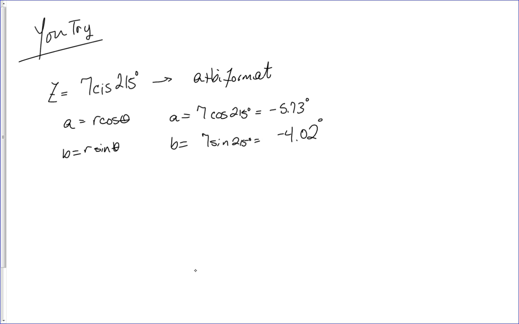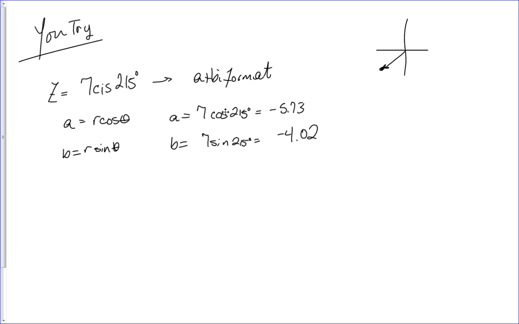Now, what we need to do is check to make sure we're hitting the right place. 215 degrees is going to be in this quadrant right here, and our point is going to be out here somewhere. Well, negative and negative, we're going to be in this quadrant as well. I don't know why I put degrees on those; they're not angles.